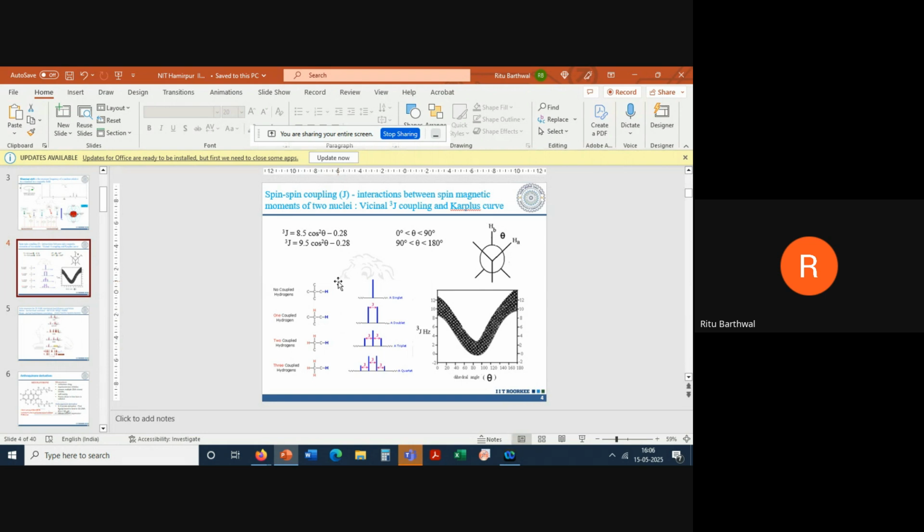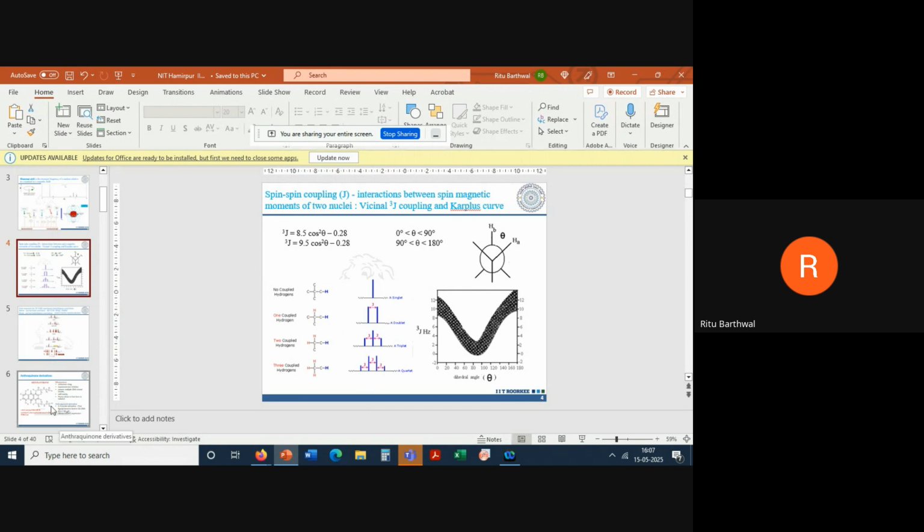These two will interact through space, through electromagnetic fields, and this interaction is mu1, mu2 by R6. If I can determine and quantify this interaction, I will get the distance between them. Today we are able to measure this with instruments up to 5 angstrom. It may be bonded, it need not be bonded.